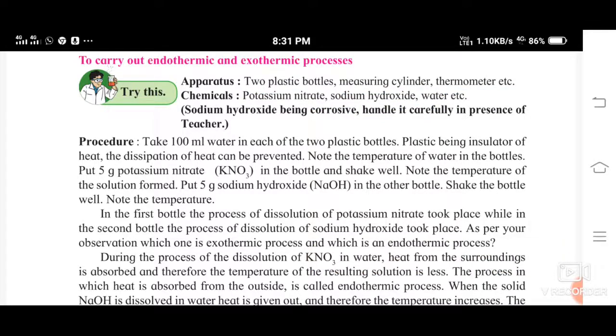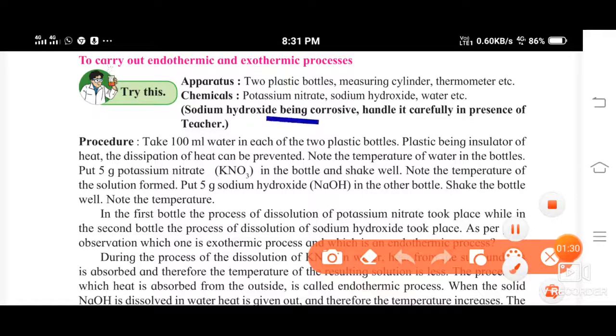Sodium hydroxide is corrosive, so you will have to handle it carefully, in the presence of your teacher.